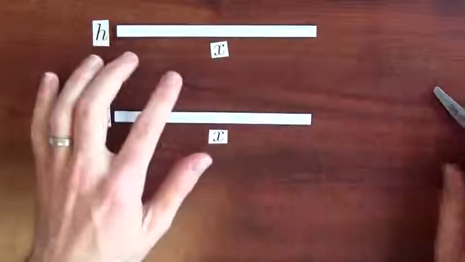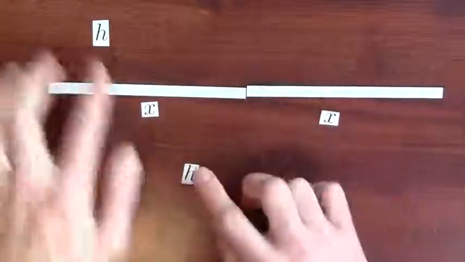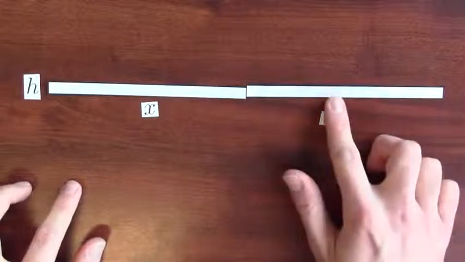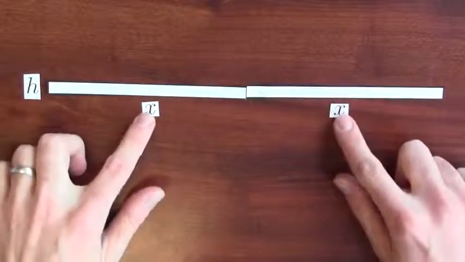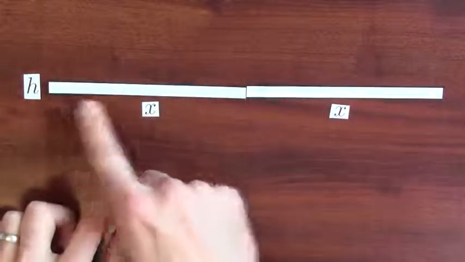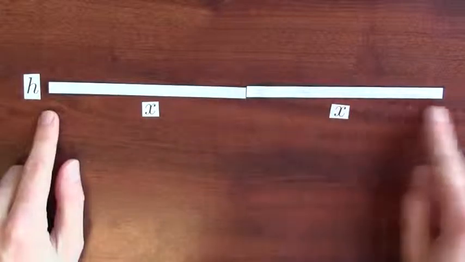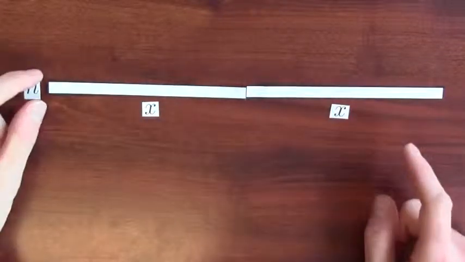If I rearrange these long, thin rectangles a bit, I can put them end to end. They've both got height h, so I can put them next to each other like this, and their base is both length x. So how much area is in this long, thin rectangle? Well, its height is h, its width is 2x. So the area is 2x times h.